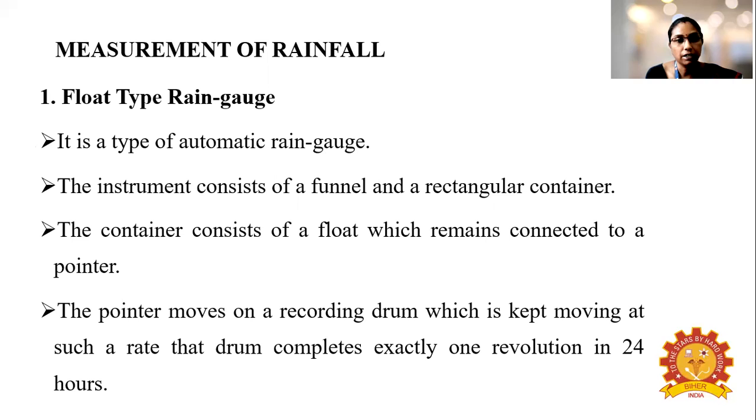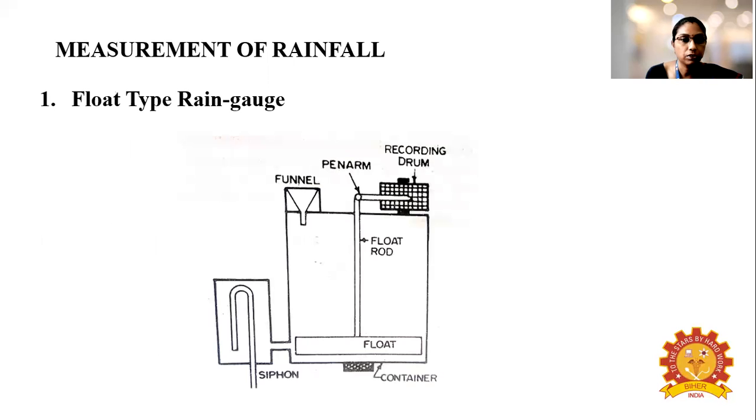Here you have the arrangement like a funnel and a rectangular container, and the container consists of a float which remains connected to a pointer. For that you can refer to the diagram.